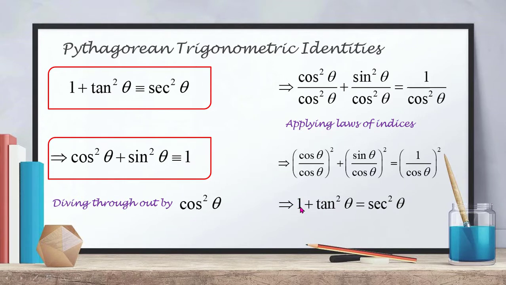Okay, 1 squared is 1. And we already have learnt an identity, which is sine theta divided by cos theta, and that identity is tan. So here we'll write tan squared theta, and we know this reciprocal identity, which is sec. So we're going to write this as sec squared theta. So this is how we derive our second trigonometric identity.